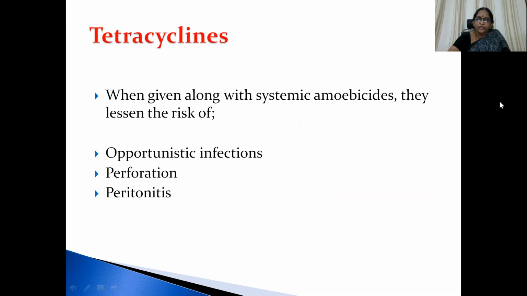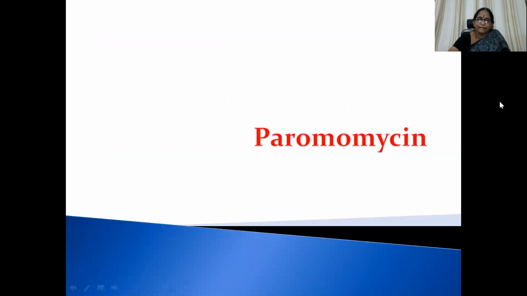When given along with systemic amebicides, they lessen the risk of opportunistic infections, and there is no possibility of perforation or peritonitis. That's why in systemic or invasive amoebiasis, along with the tissue amebicide we do prescribe amoebicidal antibiotics. This is the role of antibiotics.